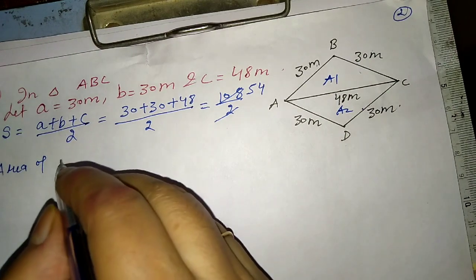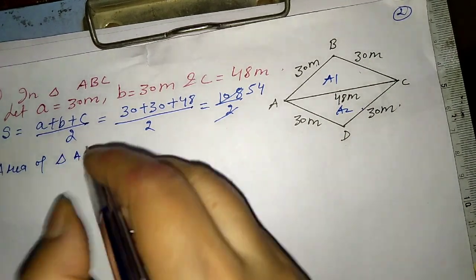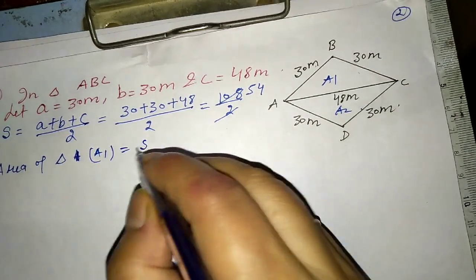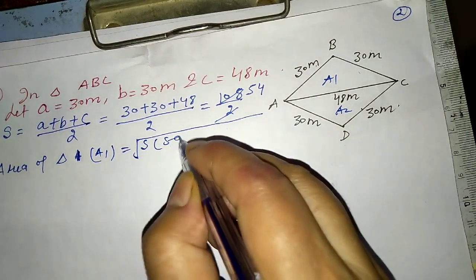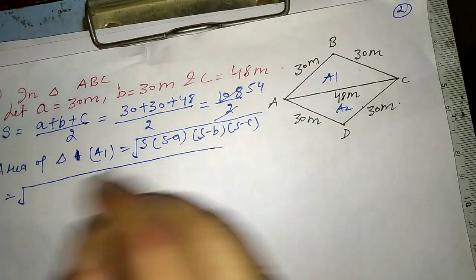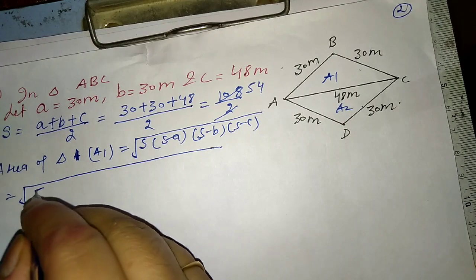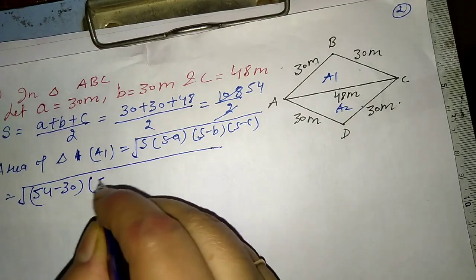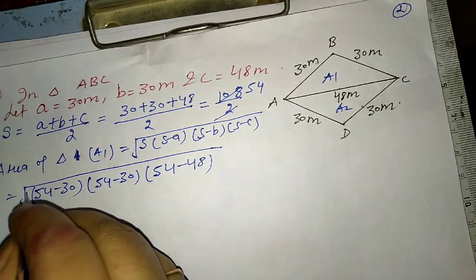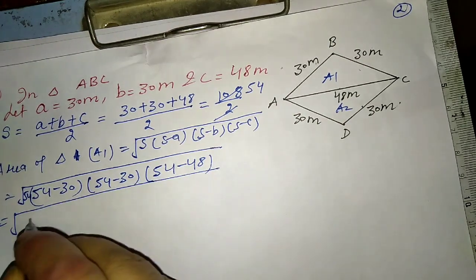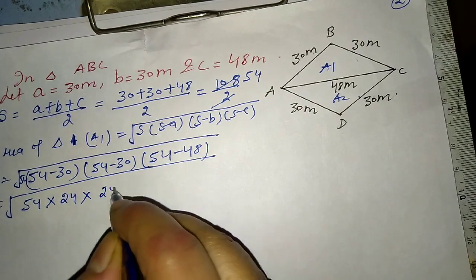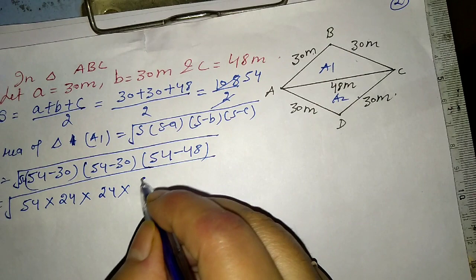Area of triangle 1, that is A1, is equal to under root S(S minus A)(S minus B)(S minus C). So under root S is given 54 minus 30, 54 minus 30, 54 minus 48, 54. Under root 54 multiplied by 24, 24, and 6.